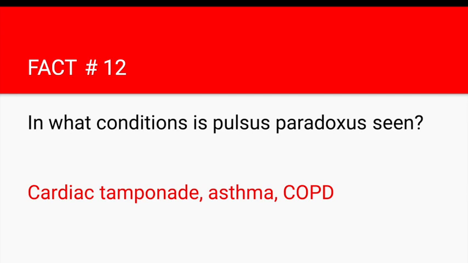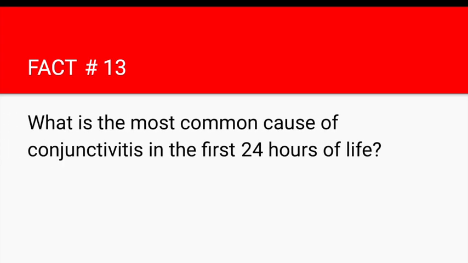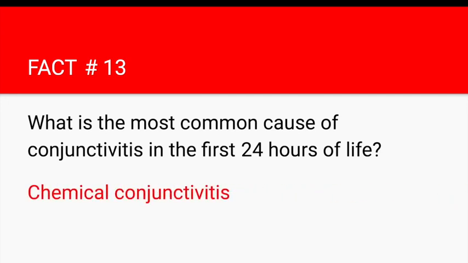What is the most common cause of conjunctivitis in the first 24 hours of life? Chemical conjunctivitis. So, in newborns, the most common cause of conjunctivitis in the first 24 hours of life is chemical conjunctivitis.